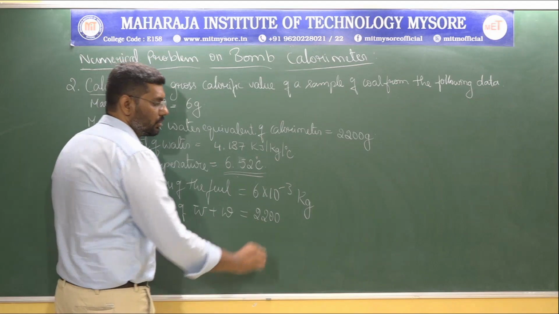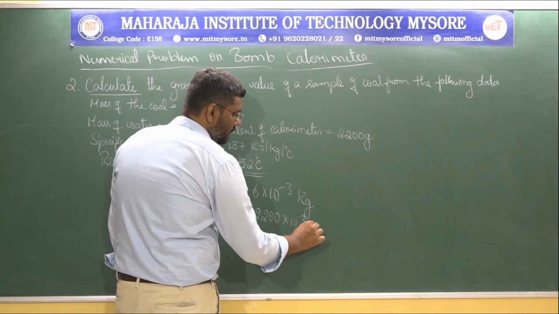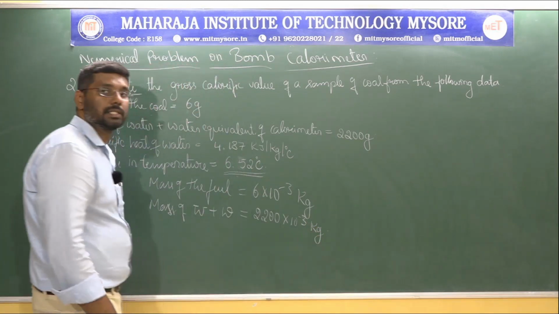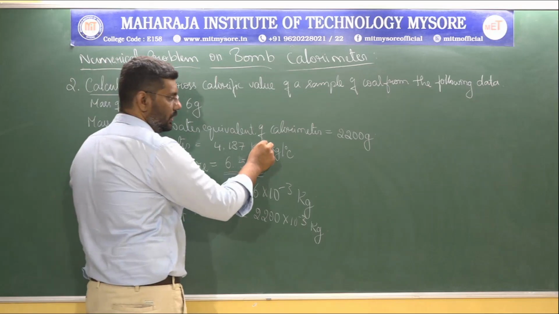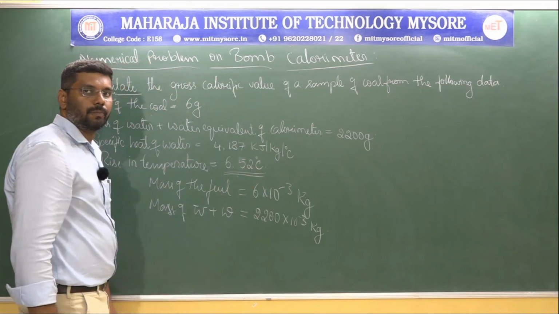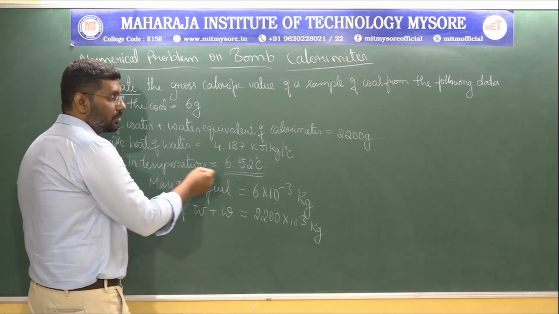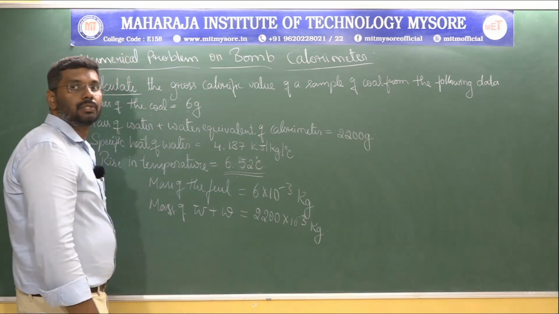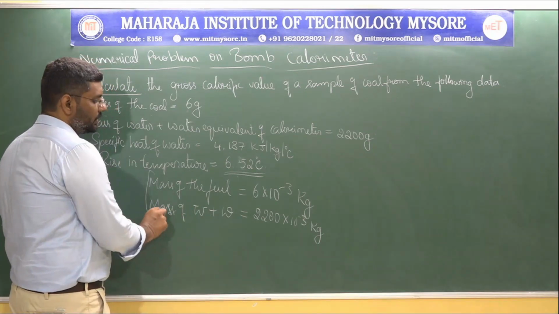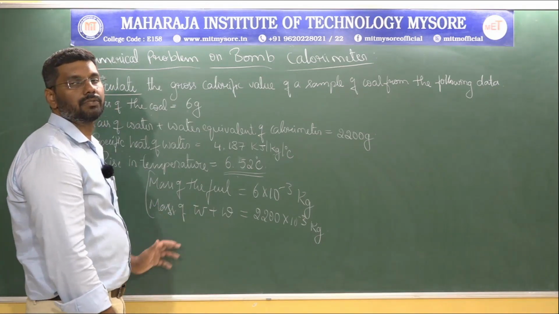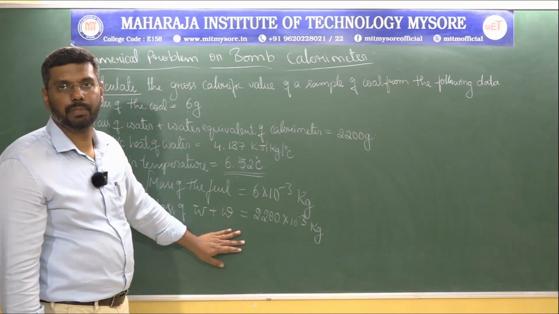From grams to kilograms, it is 2200 into 10 raised to minus 3 kg. For specific heat, there is no change because he has directly given 4.187 kilojoules per kg per degree centigrade, and temperature is also in degrees Celsius. So there is no change in those two units. The only change is in the mass of the fuel and the mass of the water and water equivalent. Hopefully this is clear for you.